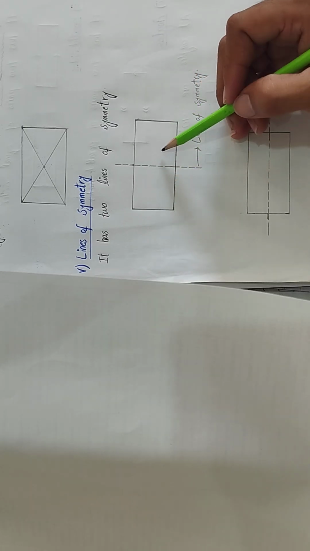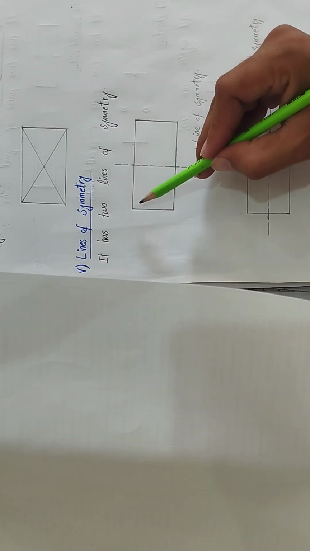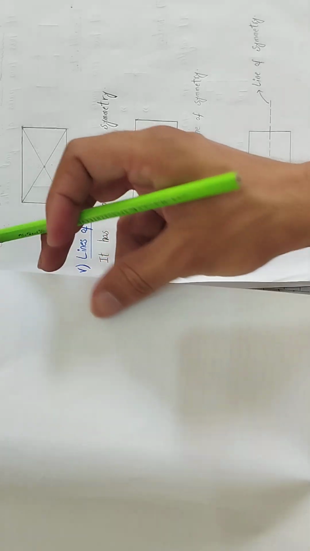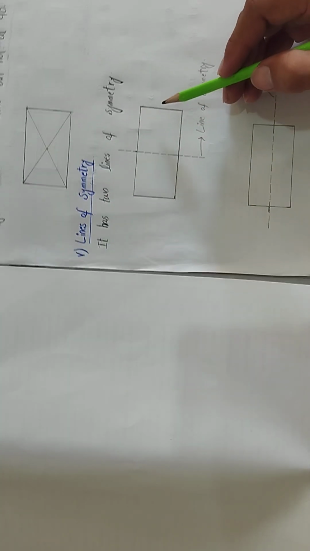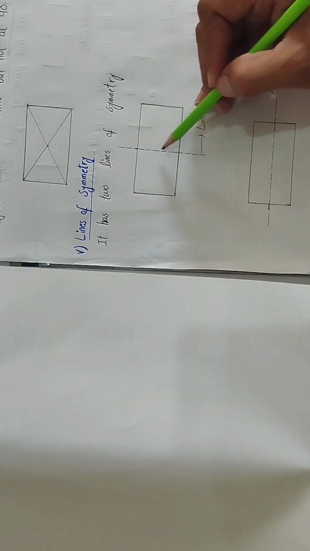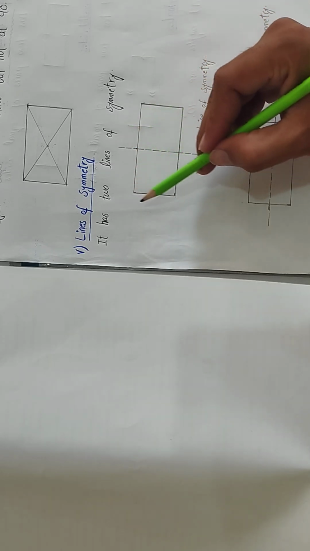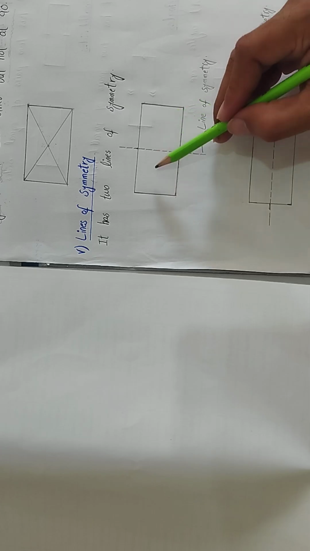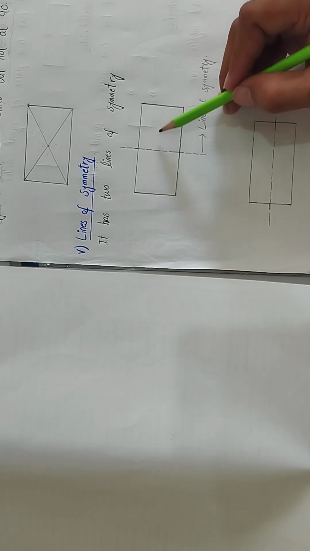Let's see in this diagram, this one is rectangle, and then this line is dividing this rectangle into two equal shapes, this one and this one.